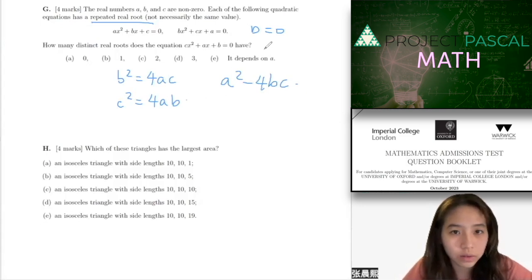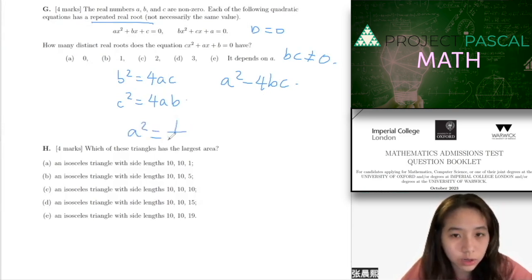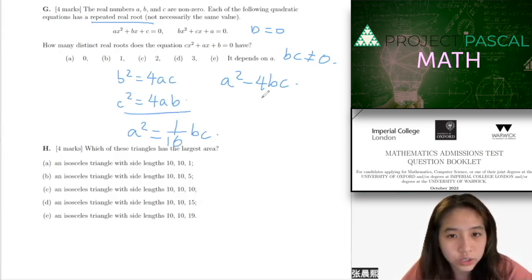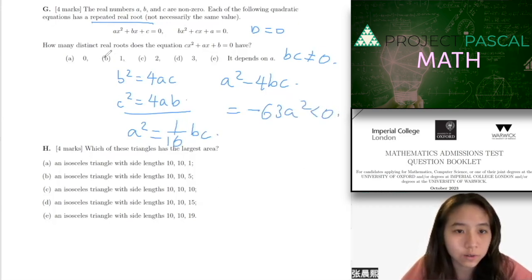You know that here BC can't equal 0, so BC multiplied together is not equal to 0. So here you have A squared equals 1 over 16 BC by solving these two equations simultaneously, and then you obtain that this is equal to negative 63 A squared, which is less than 0. Hence, there are no real roots, so the answer is A.